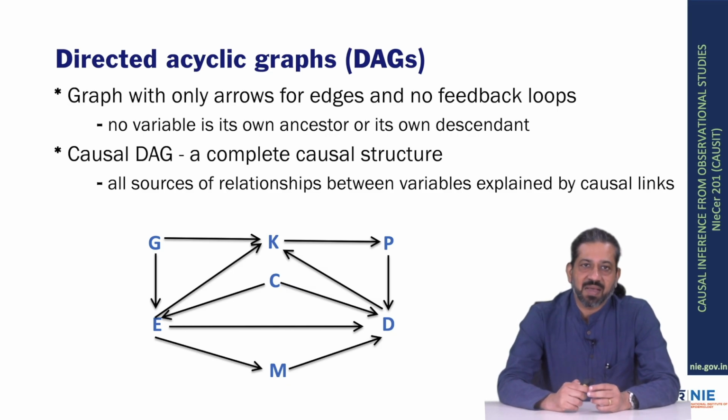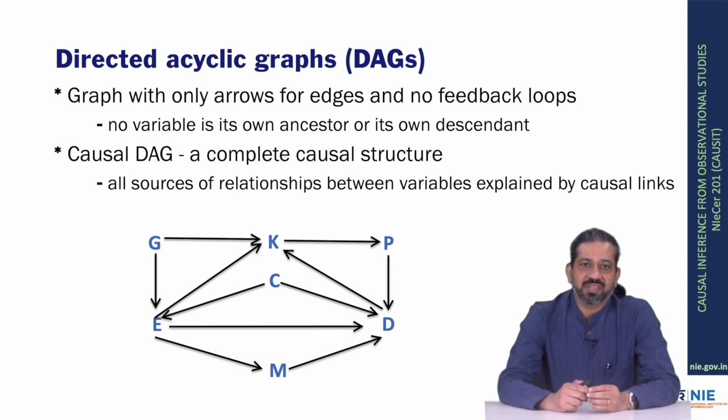Here we have an example of a directed acyclic graph where the exposure is represented as E and the outcome as D, and we have 5 covariates: M, C, K, G, and P. Now, how would we read this graph?